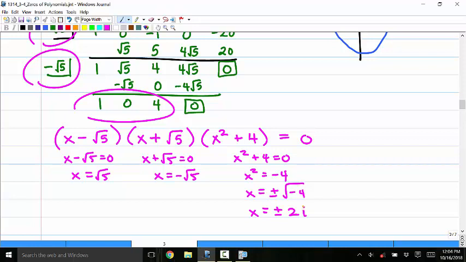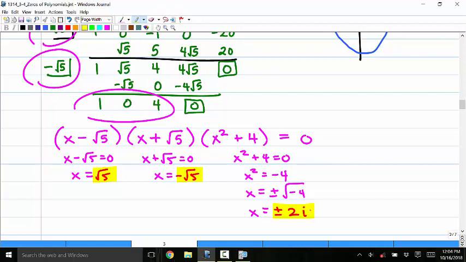How many zeros did I find? 4. I found root 5, negative root 5, 2i, and negative 2i. 2 of them are real. They're irrational real zeros. And 2 of them are complex.